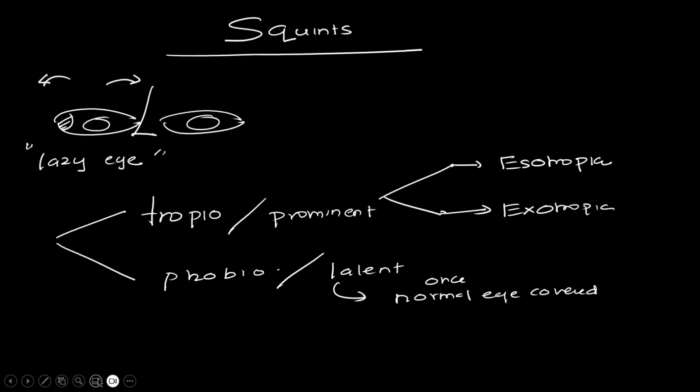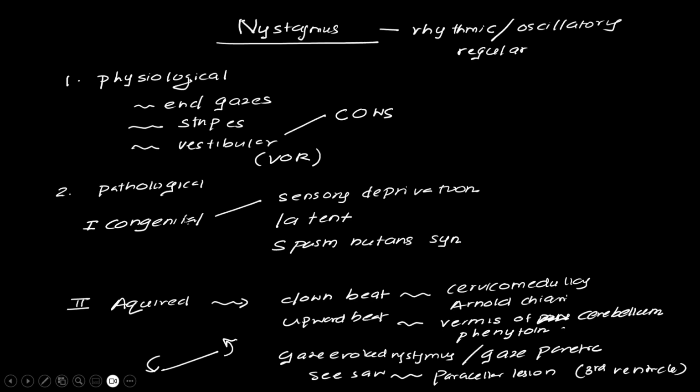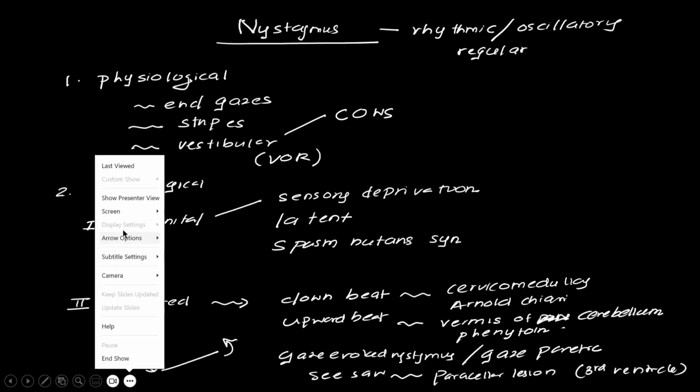Now I have gone through nystagmus, I have gone through squints. Now the other most important one would be the pupils. Right. So pupils. Now you look at the pupils in a very close manner.